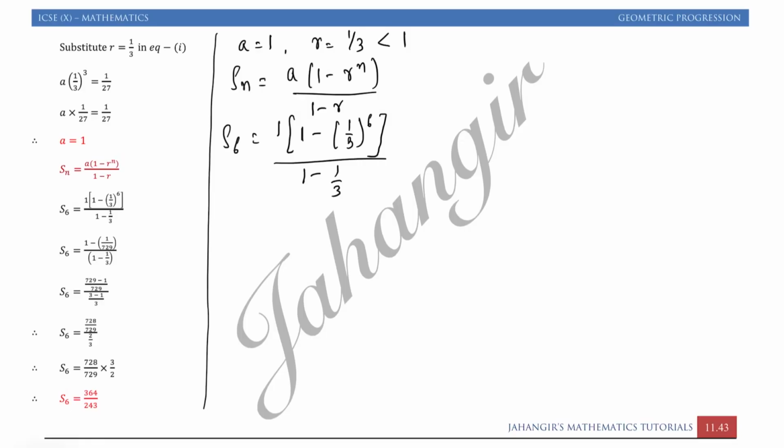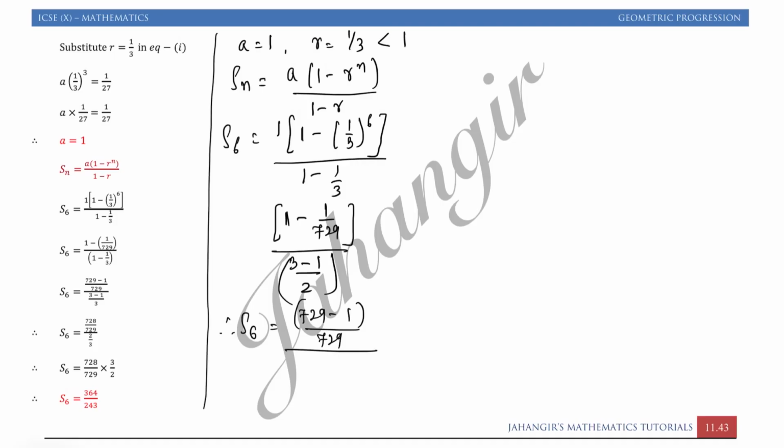So let us solve the numerator. 1 minus 1 upon 729 whole upon 1 minus 1 by 3. Take LCM in numerator and denominator. So therefore S6 is equal to 729 minus 1 upon 729 whole upon 3 minus 1. Sorry, here we have 3, that is 2 by 3.